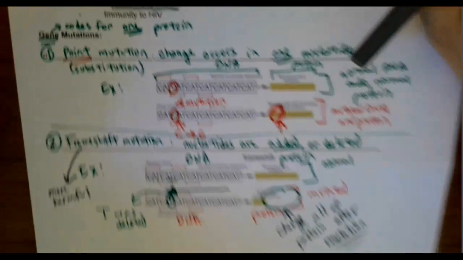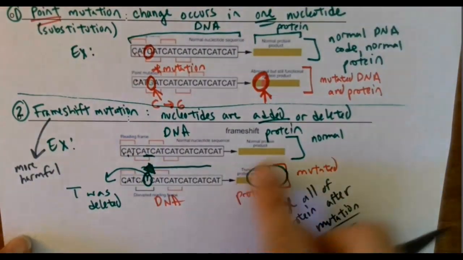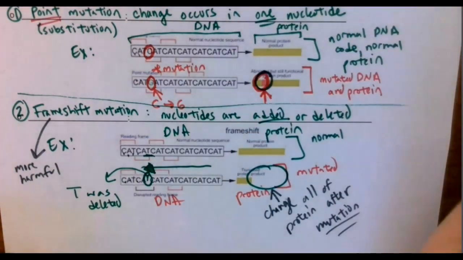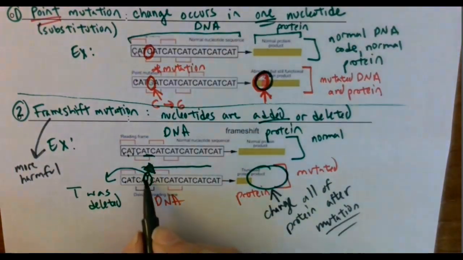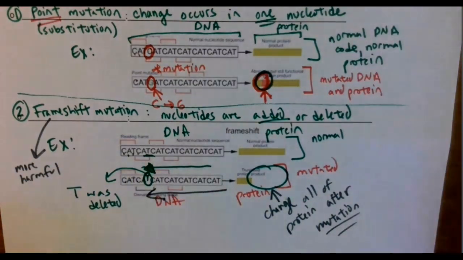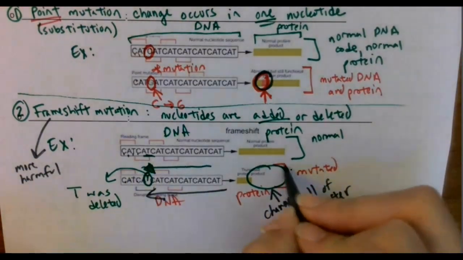The point mutation changed one single amino acid. In the frame shift mutation, once this T was deleted, all of these nucleotides shifted over one space and the whole protein was changed.